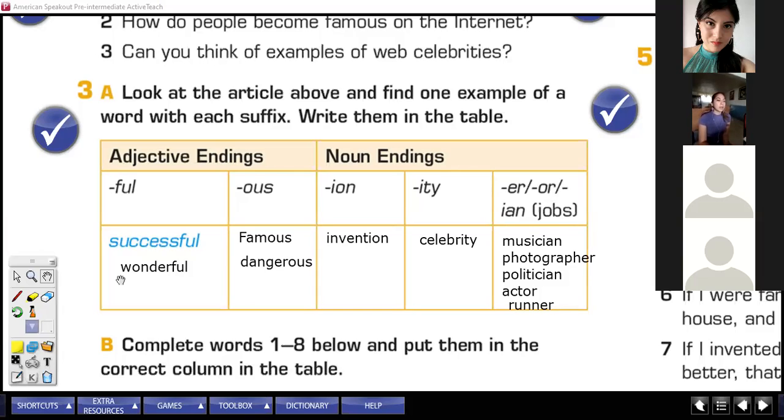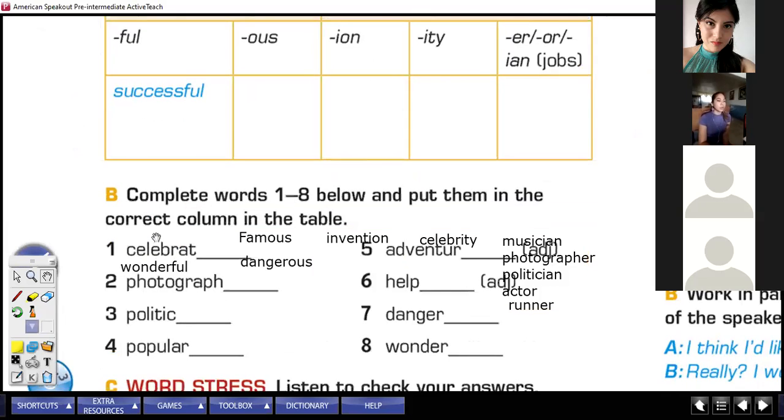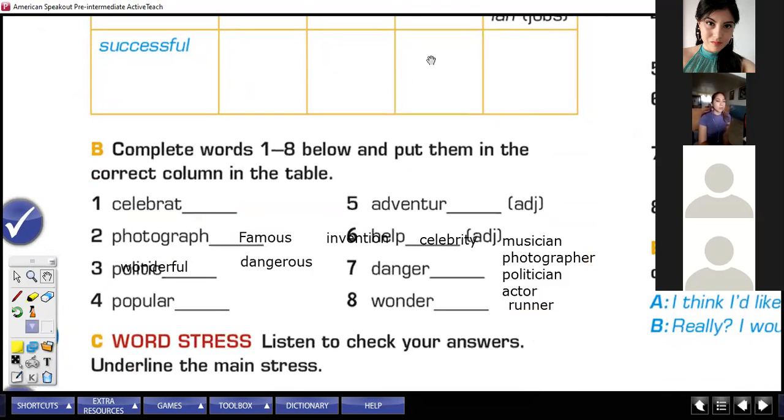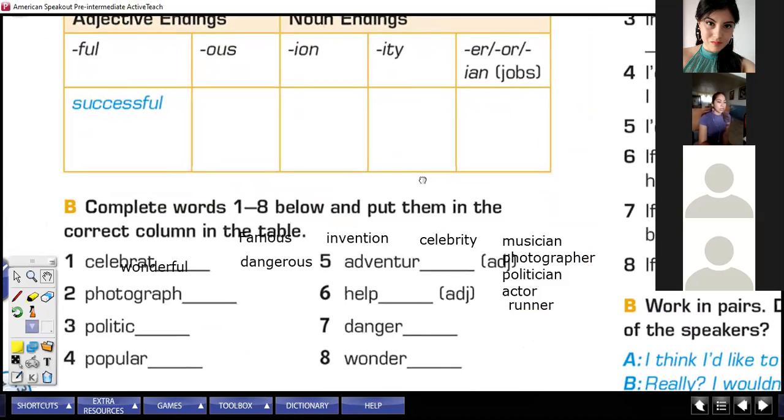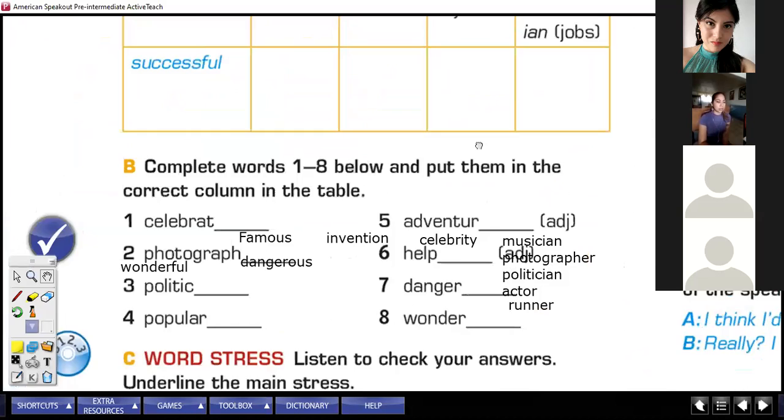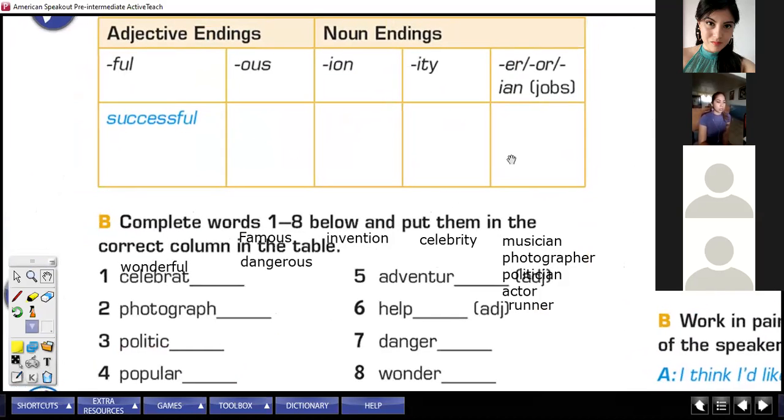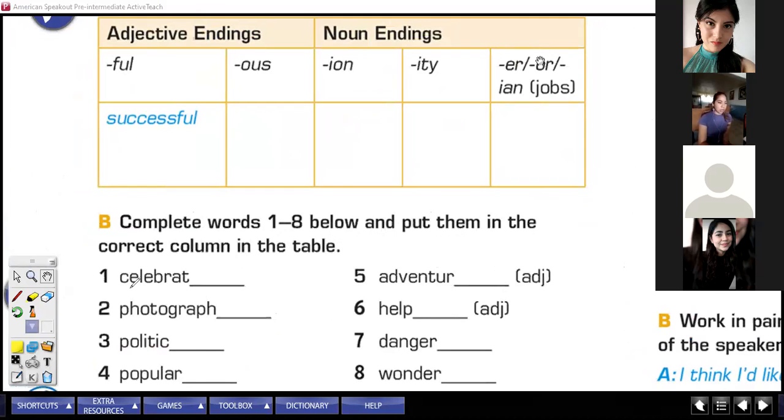Now, let's practice. Complete the words below and put them into the correct column on the table. Aquí hay más. María. Number 1. You said celebrity.